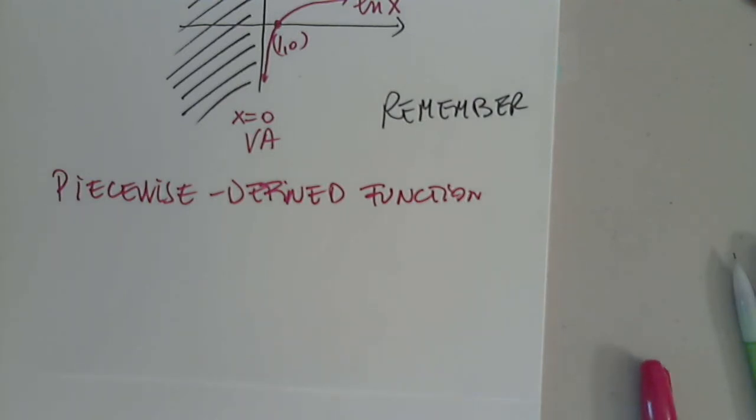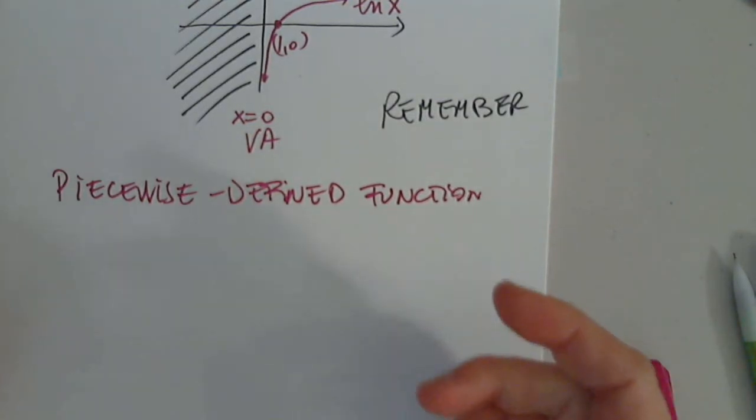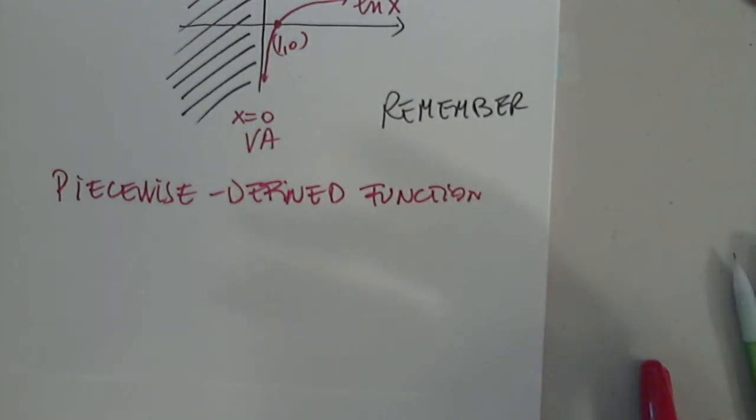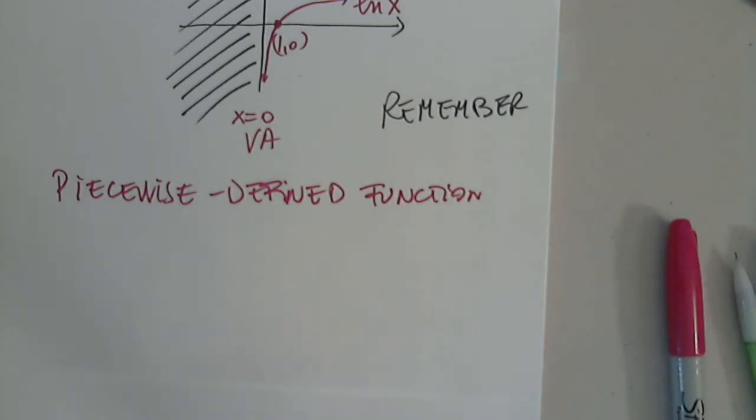A piecewise defined function is a function defined by different functions. It could be 2 or 3 or more. An example is the tax code. That's a perfect example of a piecewise defined function.